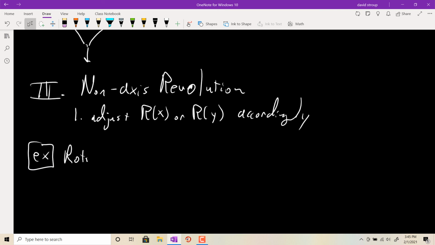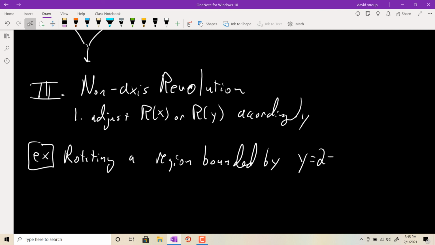We're rotating a region bounded by y equals 2 minus x squared and y equals 1, about the line y equals 1.